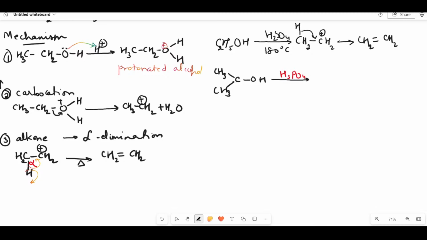Again the temperature is 440 Kelvin, or you can say 180 degrees centigrade, the same temperature. This is a 2 degree alcohol and that was a 1 degree alcohol. When we take a 2 degree alcohol, the same type of reaction will take place.